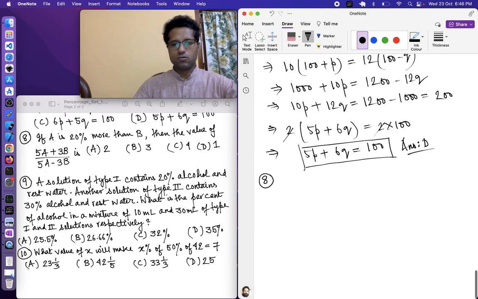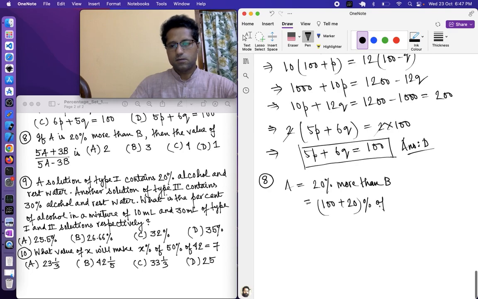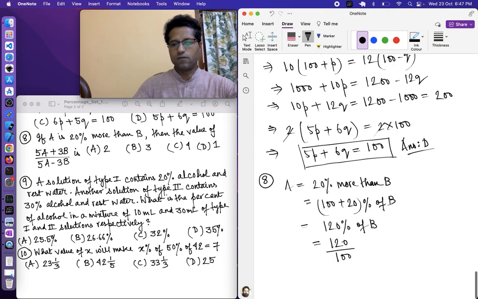If A is 20% more than B, we can say that A is equal to 20% more than B, and we know that 20% more than B means 100 plus 20% of B. This is 120% of B, which is equal to 120 by 100. 120% means 120 by 100, and of operator means multiplication.